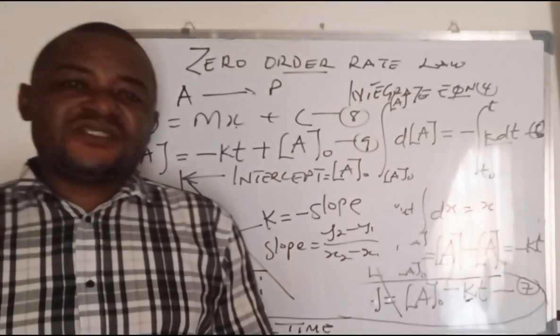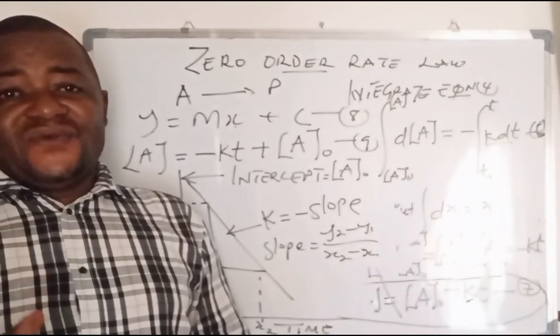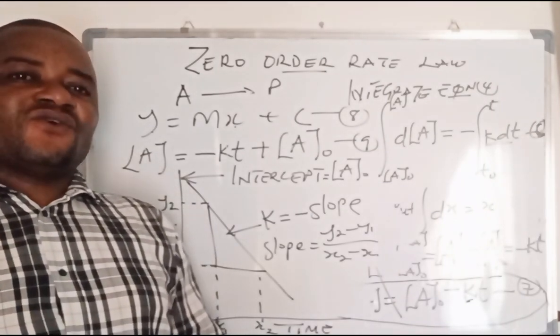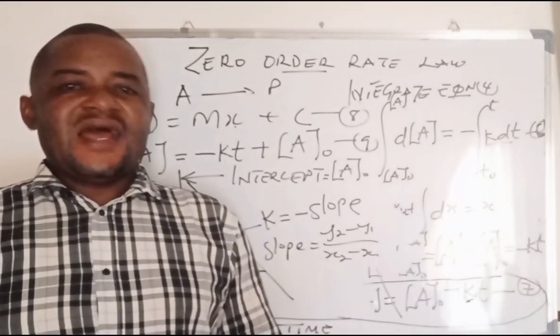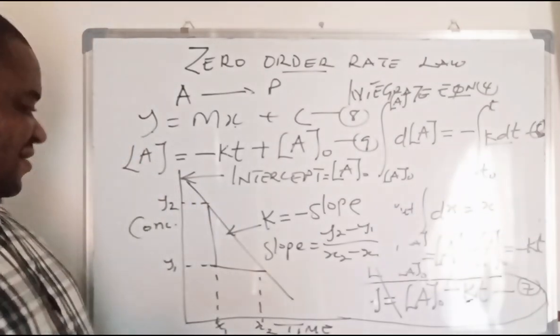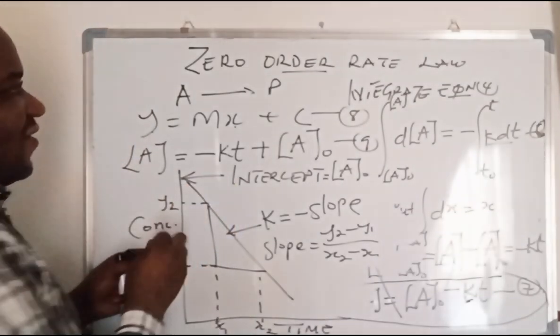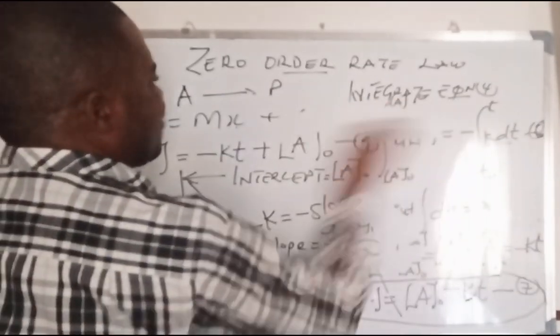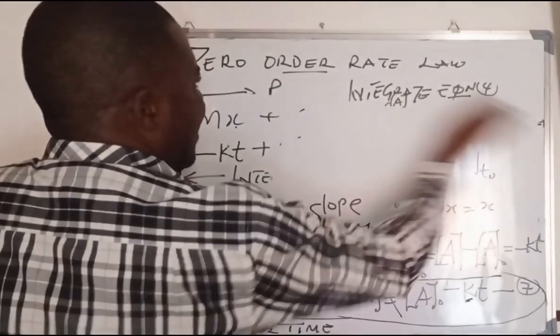Now, it's important for us to know that there are a few reactions that undergo zero order reaction. And one of them is the iodization of acetone. Permit me to explain some of these things so we can understand what we are doing.